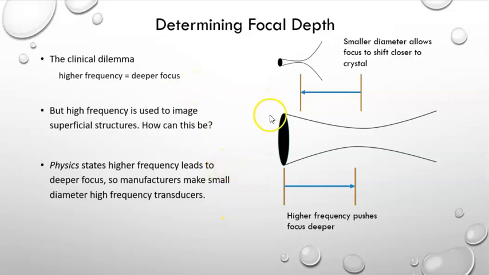But we can increase the diameter of the crystal in order to get our focus to move deeper. And so that is what we do. In order to make the focus deeper, we make the transducer crystal a greater diameter.